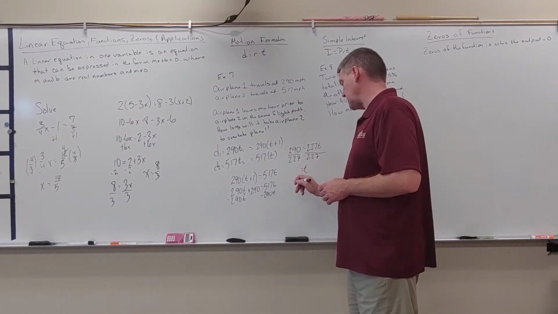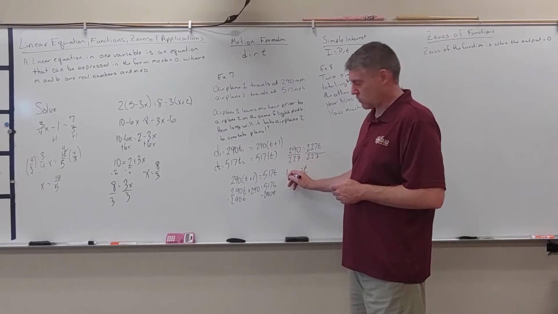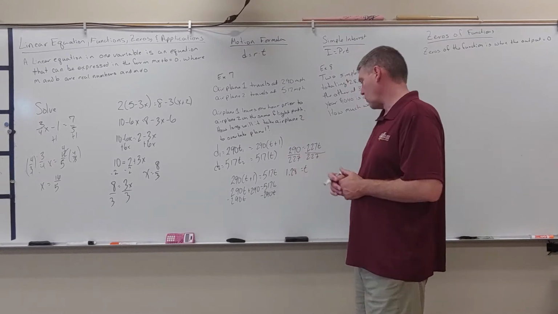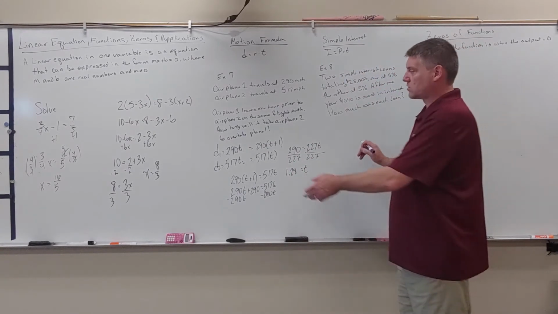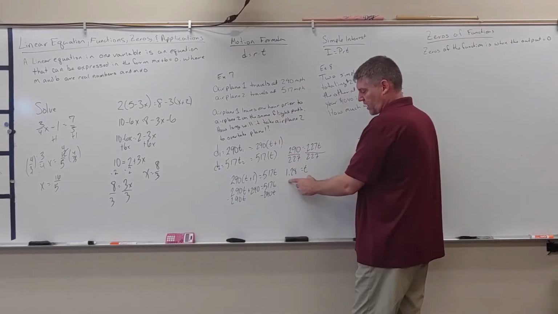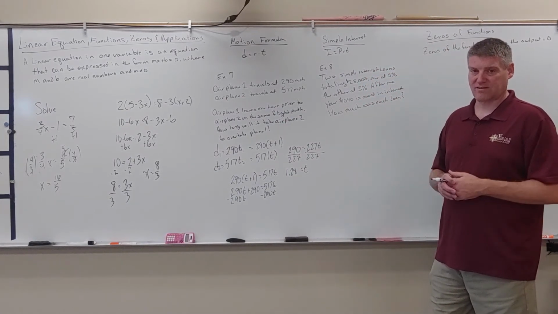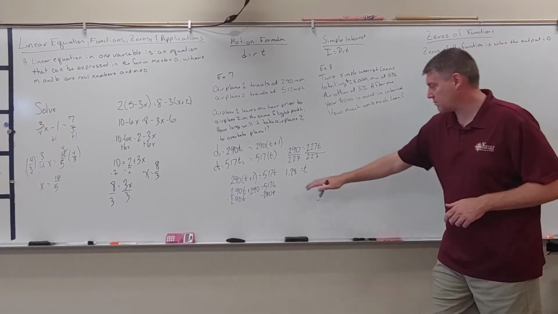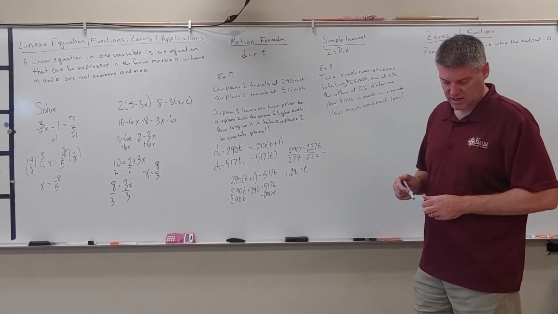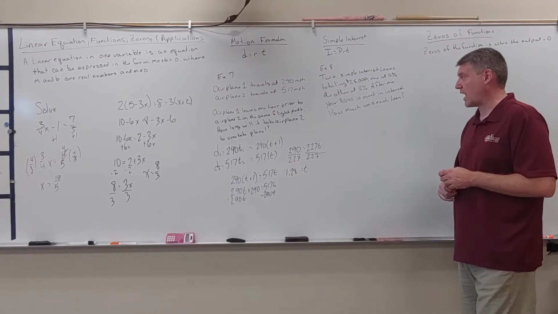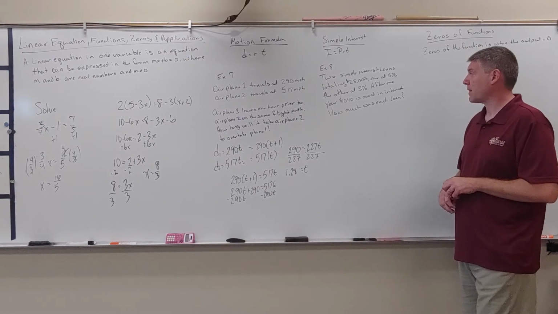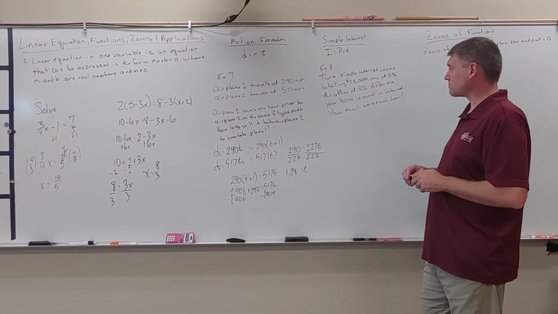And t is going to equal about 1.28. So airplane 2 is going to be traveling for 1.28 hours. Remember, that's not minutes, that's just 1.28 hours.